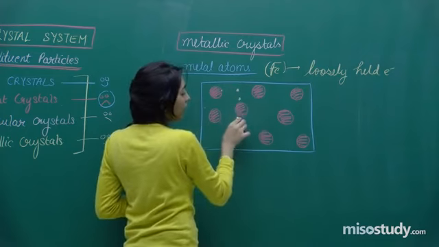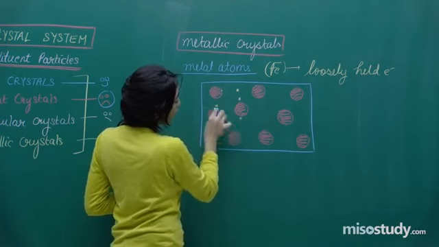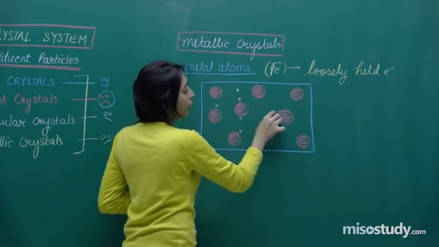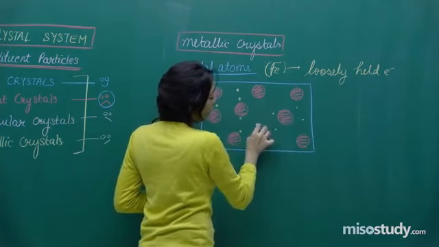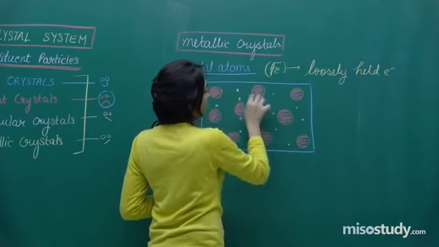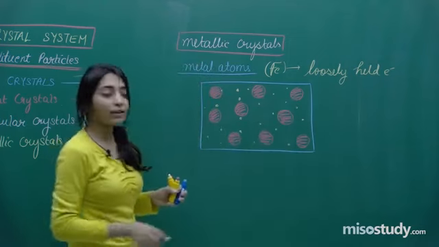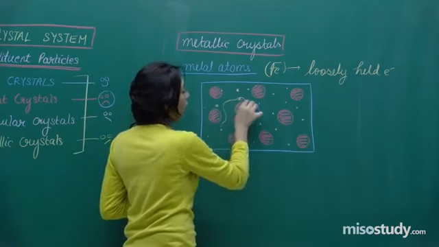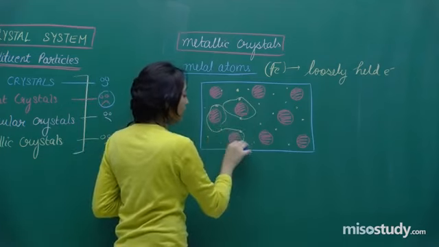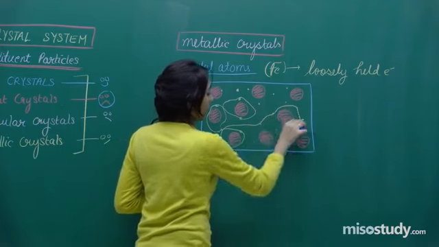It can come here, it can go there. These are the valence electrons of all the iron atoms, and the valence electrons will keep on moving in between all the iron atoms.